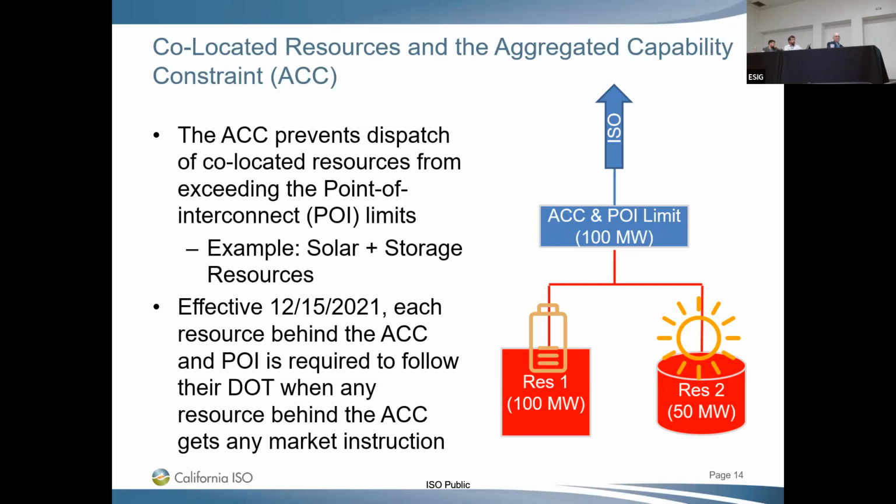So there is an optimization going on in the market to make sure if this resource has ancillary services on it, the solar resource has to follow its dispatch more closely during that time.